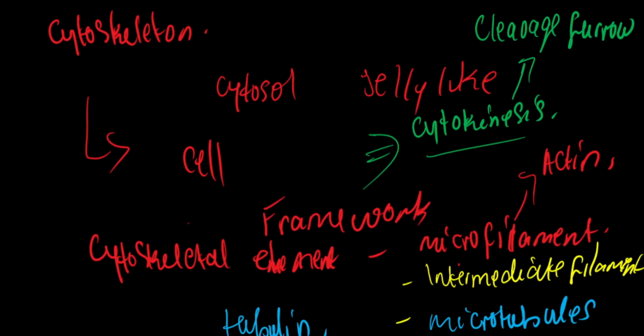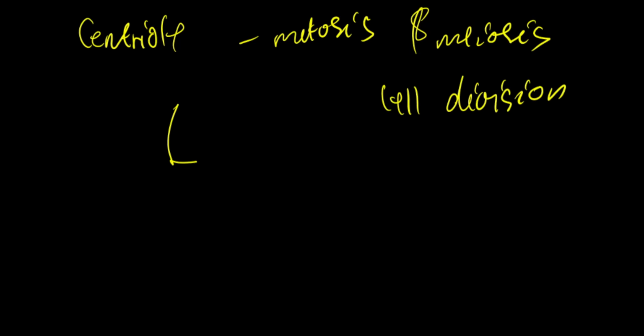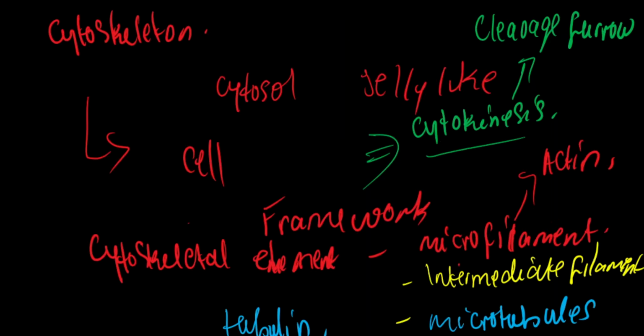Lastly, we'll be considering the centrioles. Now, as we would go on to see, the centrioles play a key role in mitosis, or generally mitosis and meiosis, actually generally cell division, and they help in the formation of spindle fibers. Now these spindle fibers are actually made of microtubules, and as we considered here, the microtubules are made up of the protein tubulin.